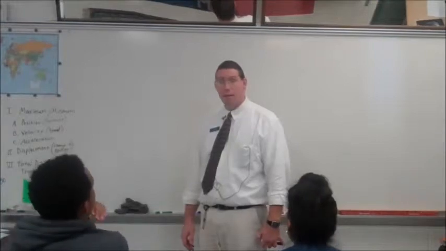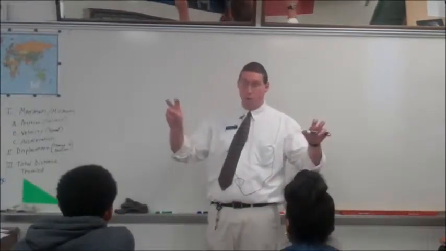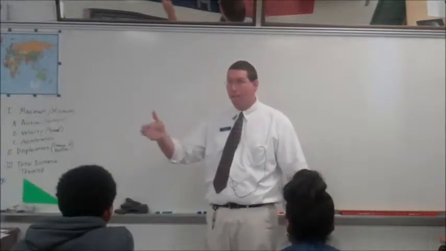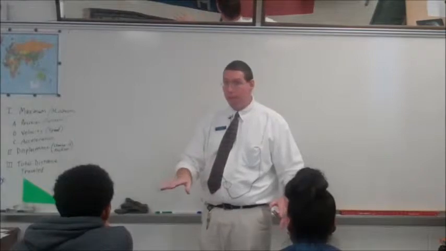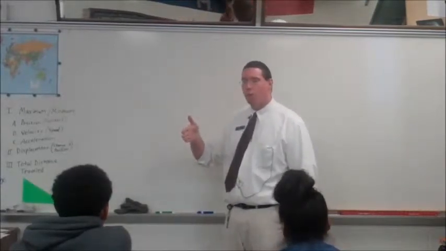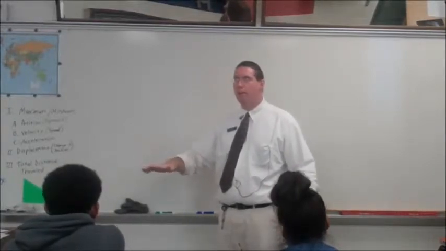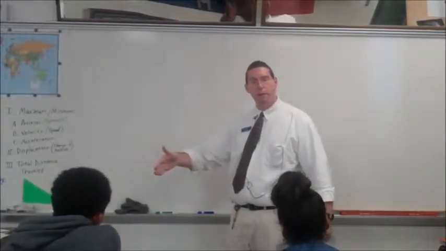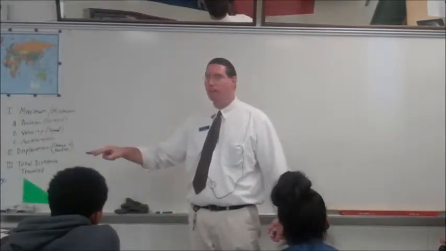Average velocity and average acceleration are very easy concepts. They relate directly to average rate of change, which is f of b minus f of a over b minus a. I know it's been a while since we did that, but it's all based on that. And then I talked about how to know when an object is speeding up or slowing down. The nutshell is an object is speeding up if its velocity and acceleration have the same sign.